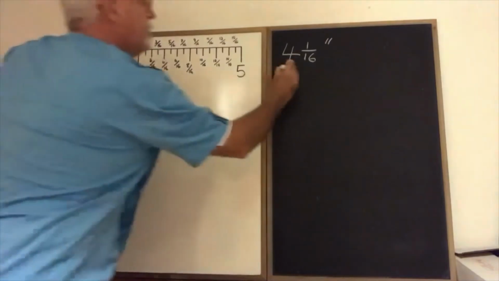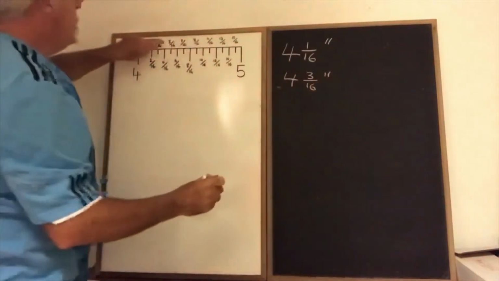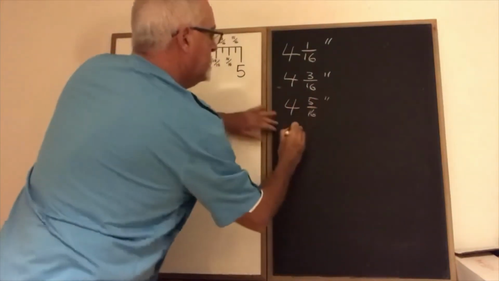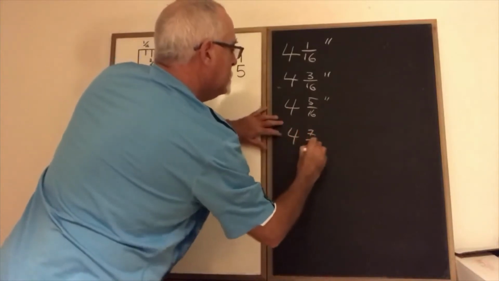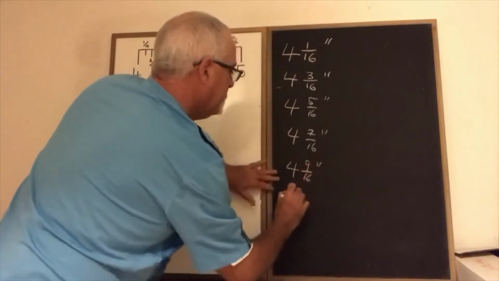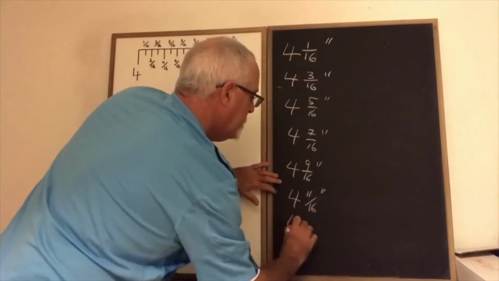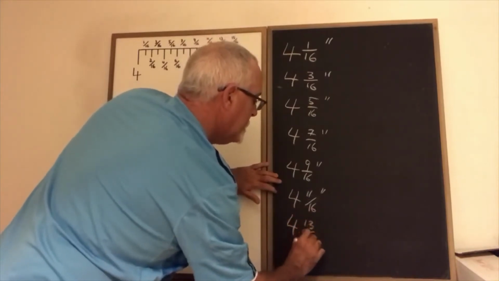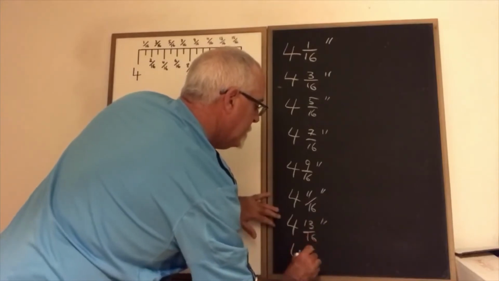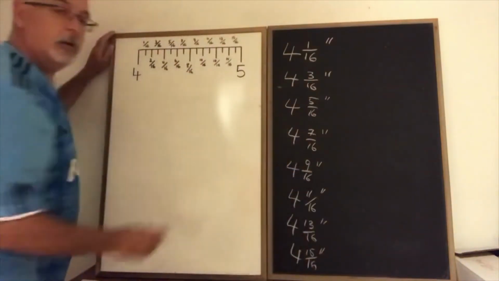So I have 4 and 3/16 inches, and then 4 and 5/16, 4 and 7/16, 4 and 9/16, 4 and 11/16, 4 and 13/16, and finally 4 and 15/16. And it's a good thing that I got to that one because I was running out of room over there.